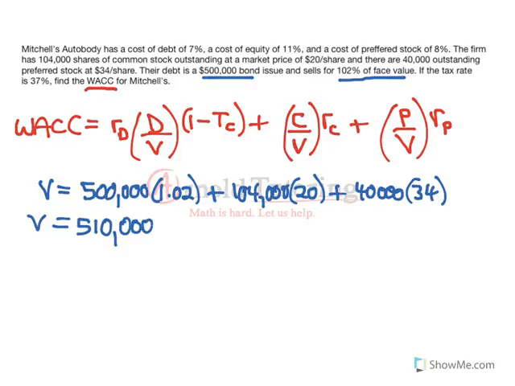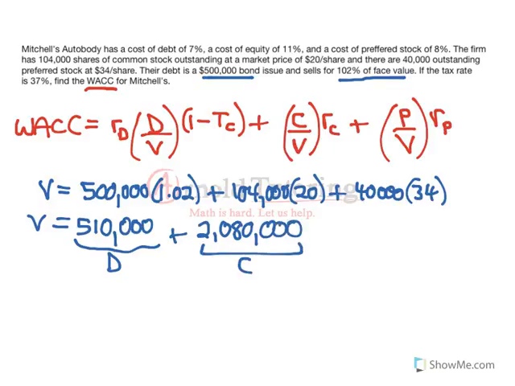That's the value of the debt. So we'll kind of write that as debt. Plus 104,000 times 20 is 2,080,000. This is our common stock value. Plus 40,000 times $34 a share is 1,360,000 of preferred stock value. Great.